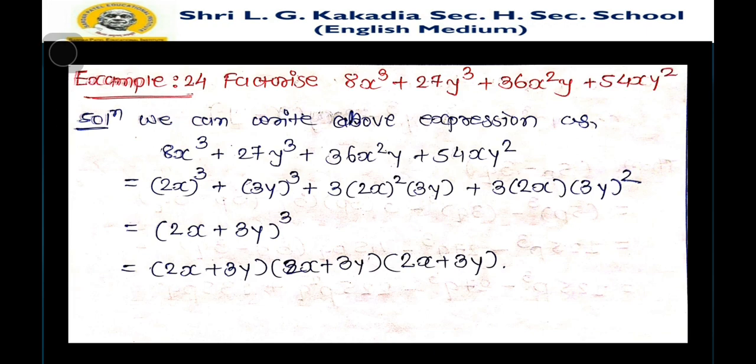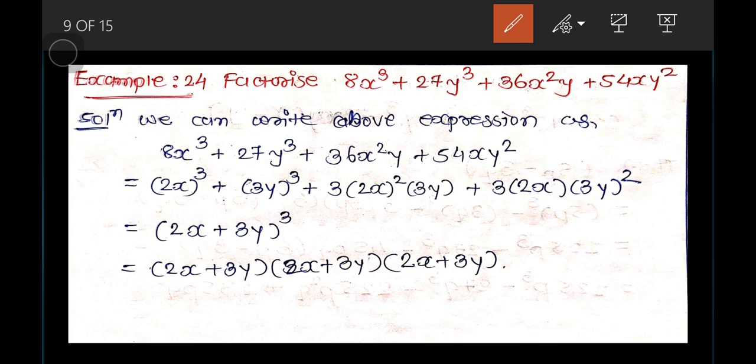Now example number 24. Here given: factorize 8x cube plus 27y cube plus 36x square y plus 54xy square. Here you can see that this form is similar to identity number 6, that is (x plus y) all cube is equal to x cube plus y cube plus 3x square y plus 3xy square.